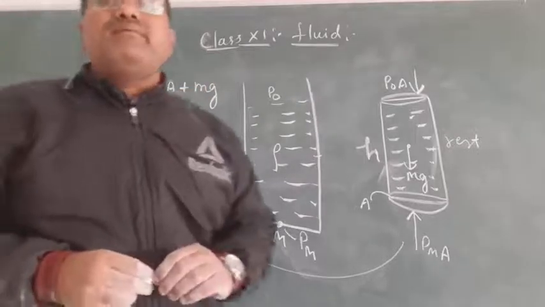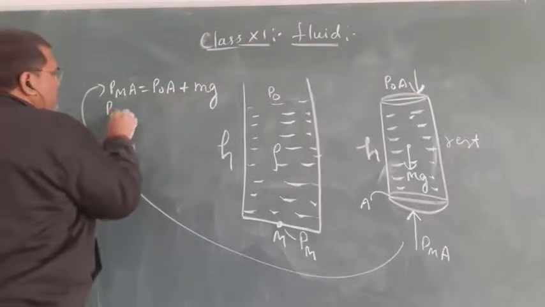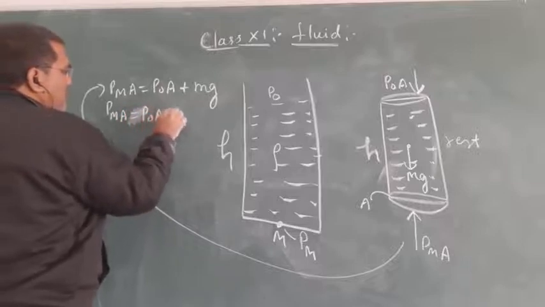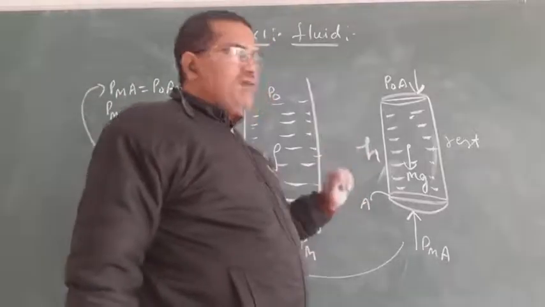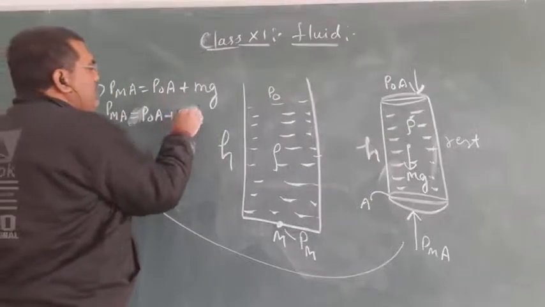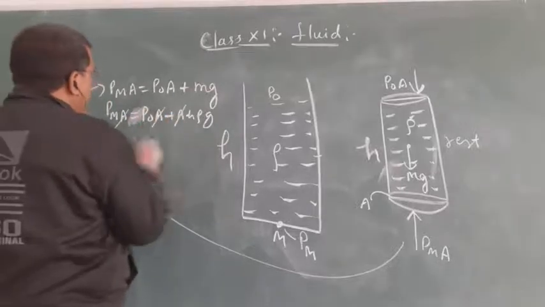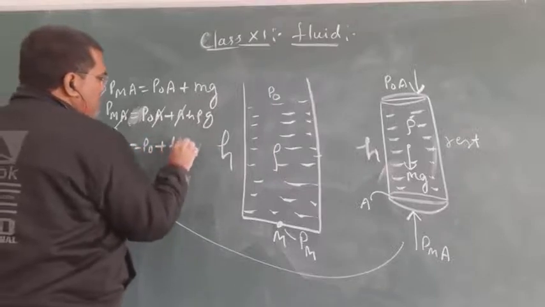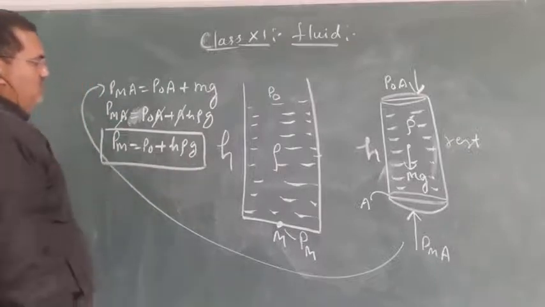Mass equals volume times density, and volume equals area times height, so mg is A h rho g. A is cancelled out, so PM equals P naught plus h rho g.